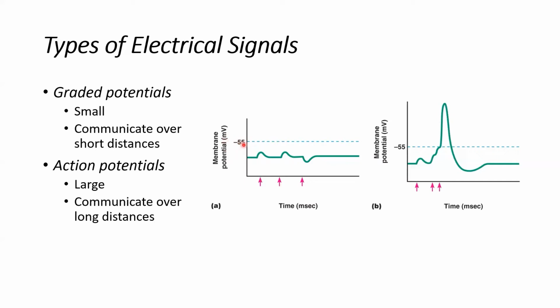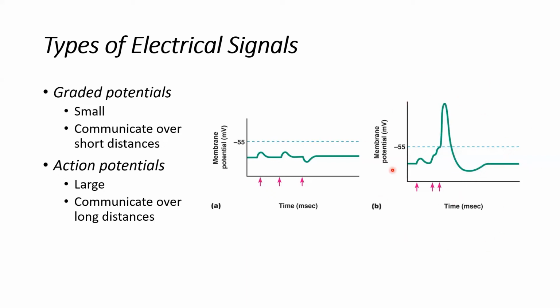So negative 55 is called the threshold value. When a graded potential is strong enough to reach negative 55, then it will spike the membrane potential to become a more meaningful, larger action potential. And then that will result back down into rest.